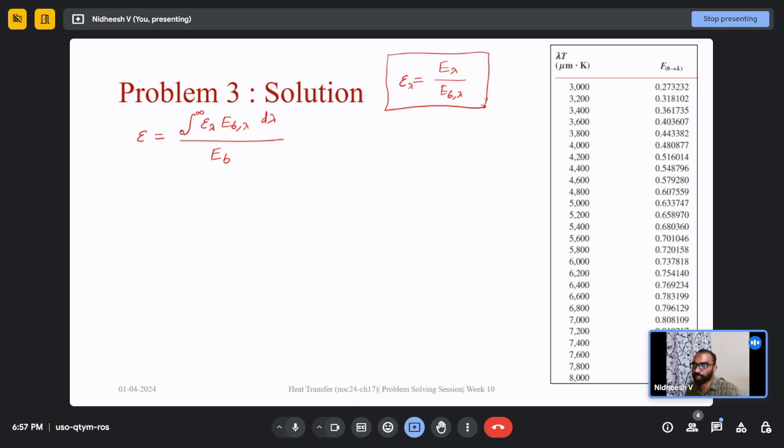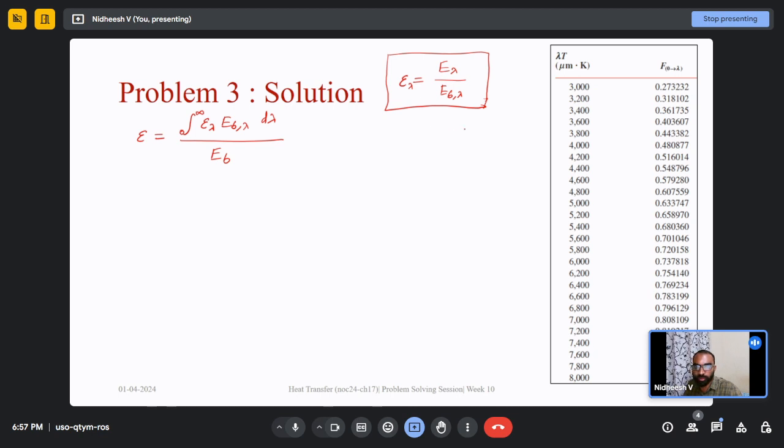Since this emissivity is not a constant throughout the wavelength, we have to integrate it over the complete wavelength range. That is why for each wavelength we are multiplying the emissivity corresponding to that wavelength by the emissive power of black body at that wavelength, and integrating for all the wavelengths, so that the numerator finally turns out to be E, the emissive power of the actual body.